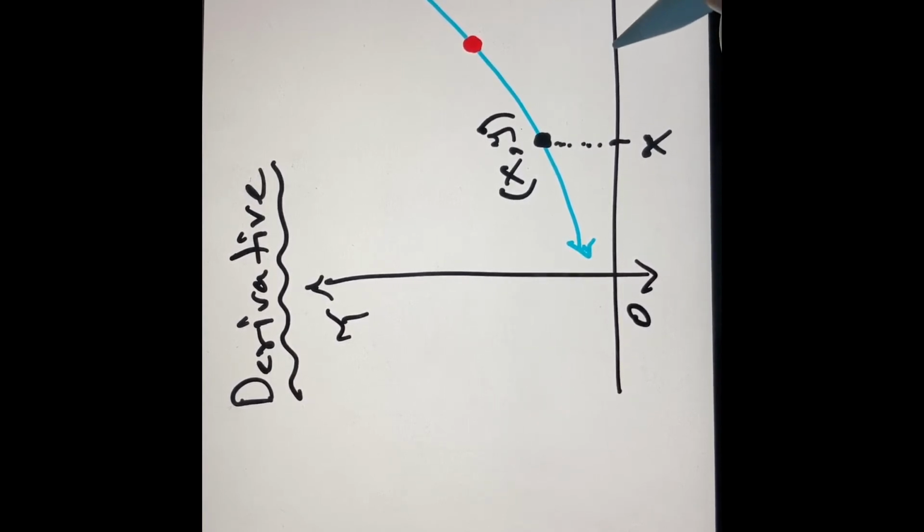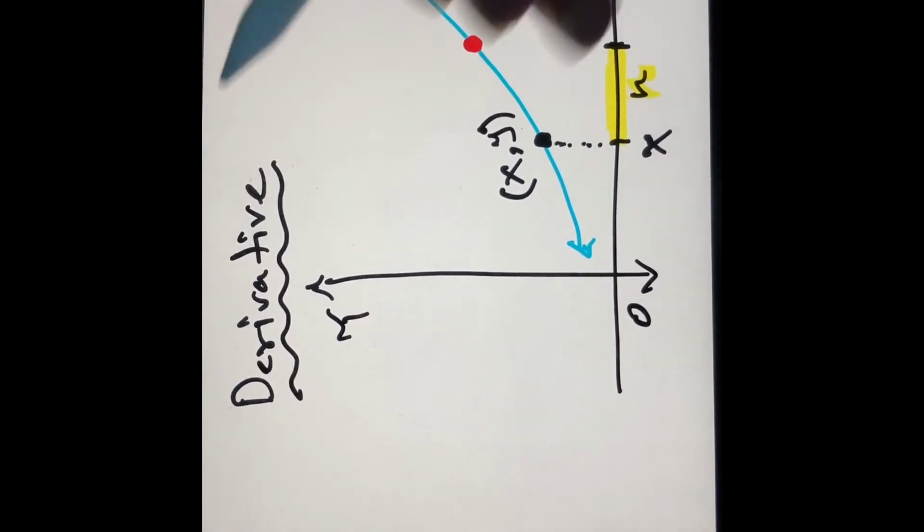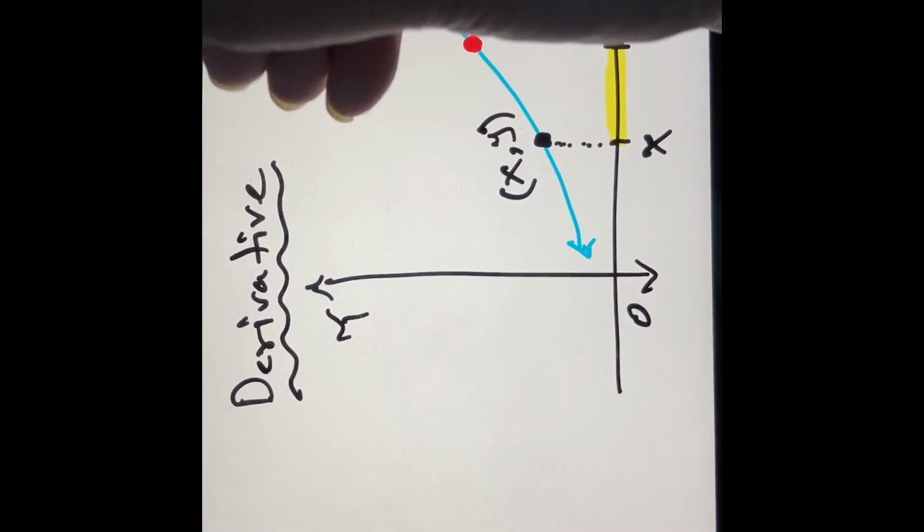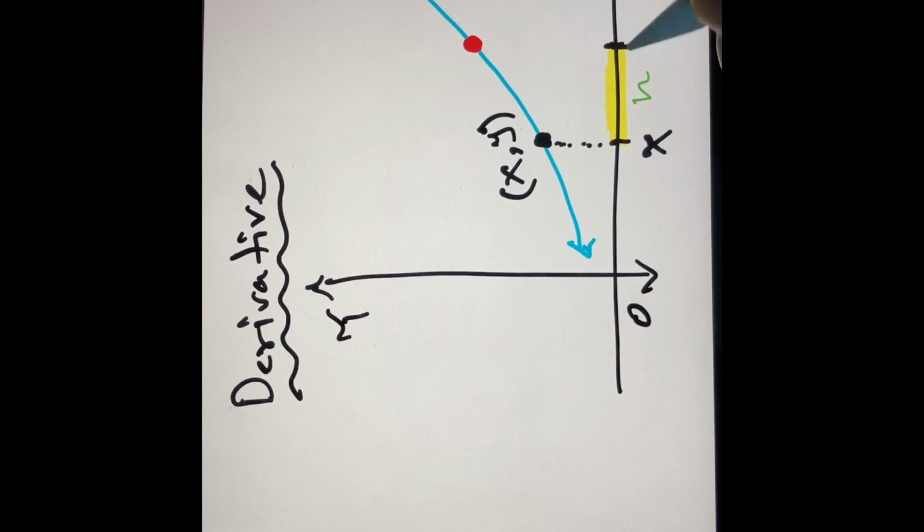Let's say this distance is equal to h. Okay, let me use a different color. So let's say this distance is h. So this distance is h.